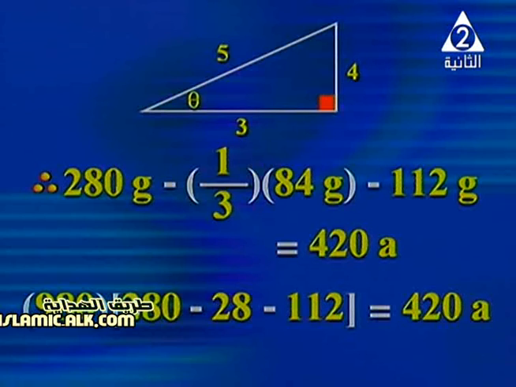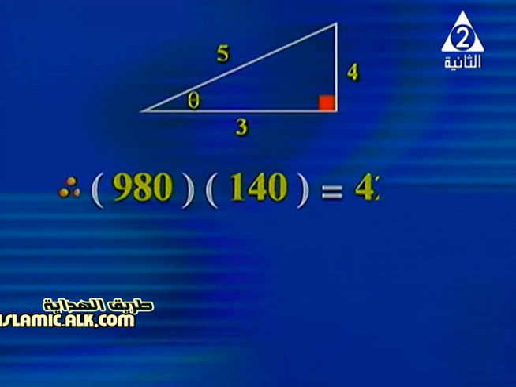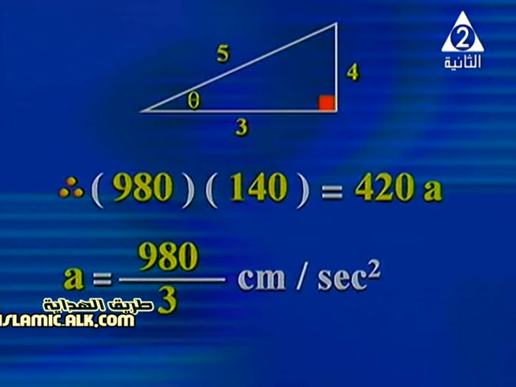By substitution about g, the answer is 980 times the bracket containing 280 minus 28 minus 112 equals 420a. Then 140 multiplied by 980 equals 420a. To find the value of acceleration, a equals 980 over 3 centimeter per second square.